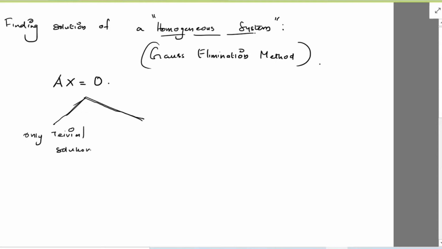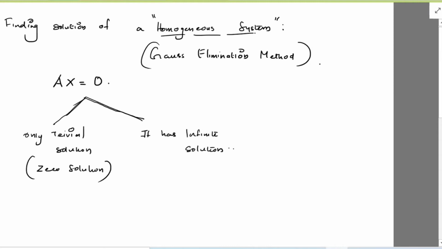Trivial solution means it has only the zero solution. The second possibility is that it may have infinitely many solutions. So these are the two possibilities for a homogeneous system of linear equations.